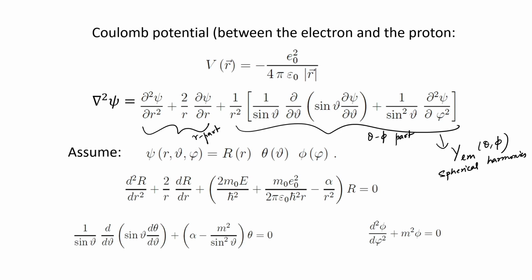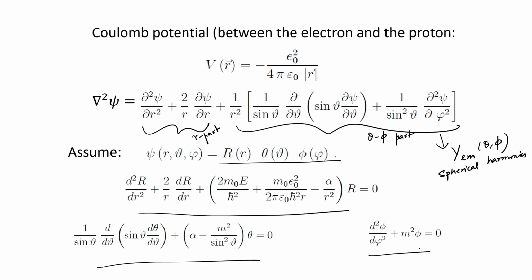Once again, we will not solve this elaborately, but r, theta and phi can get decoupled, and you can write down the solution in terms of R of r, Theta of theta and Phi of phi. This is the radial equation and this is the theta equation, and the phi equation is very simple, which gives a solution like exponential plus minus i m phi, while the other two are a little more complicated.